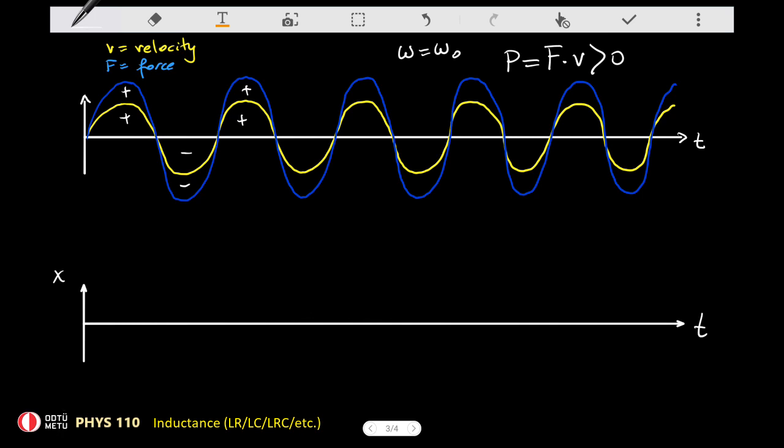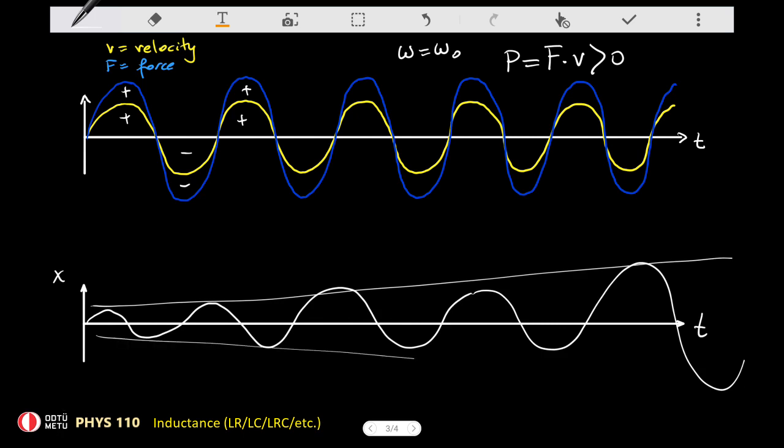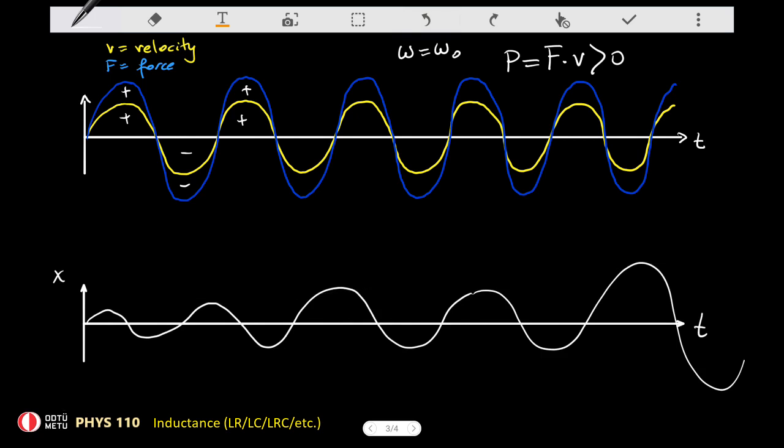It's basically an oscillation with the same frequency, but the amplitude is going to increase continuously. So there is going to be a steady increase. It appears that this is actually an exponential increase, but that's not that relevant here.